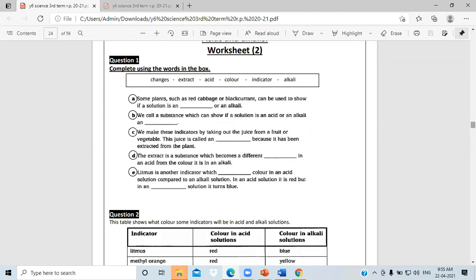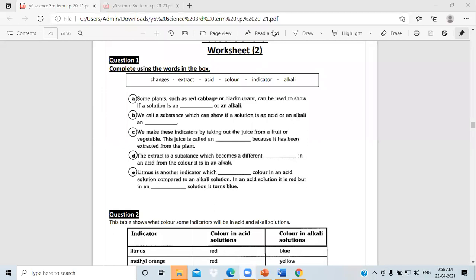Question A says some plants such as red cabbage or black currant can be used to show if a solution is an what or an alkali. Raise your hand if you want to answer.